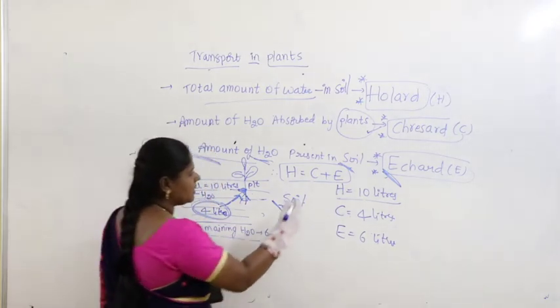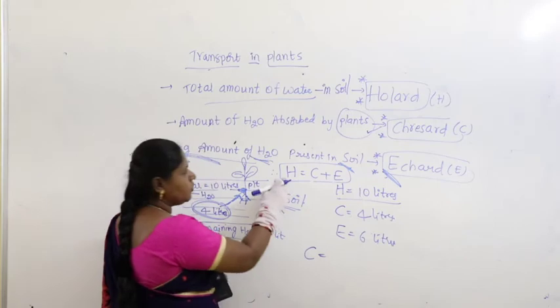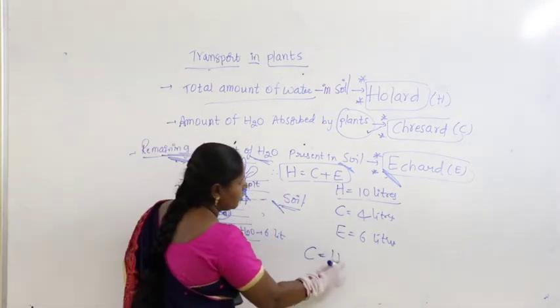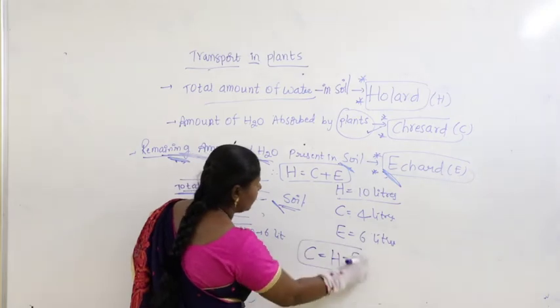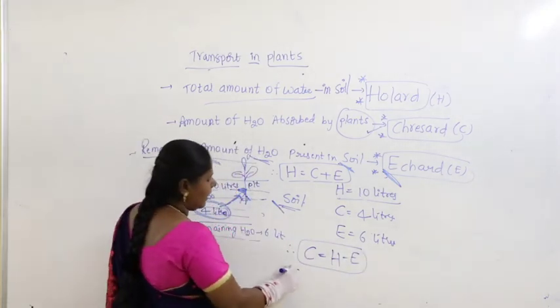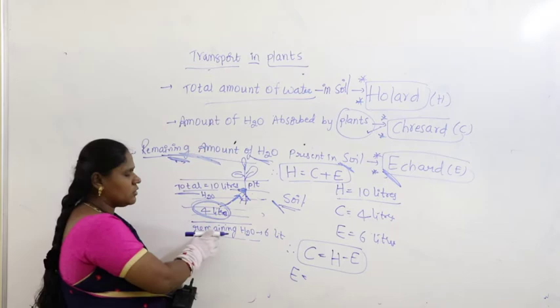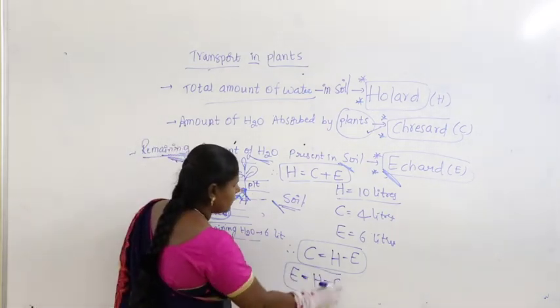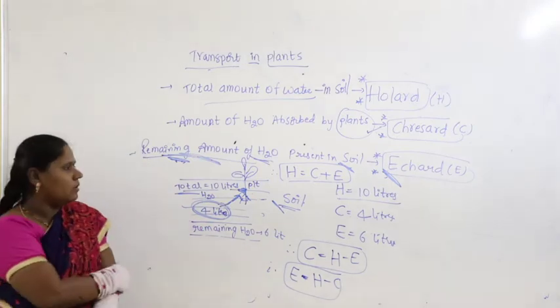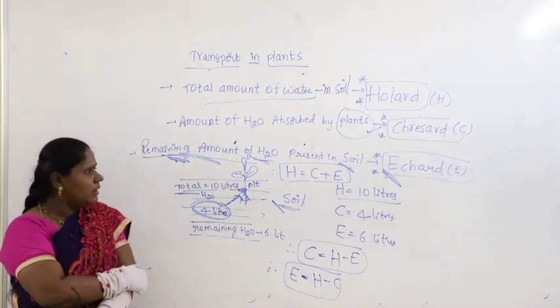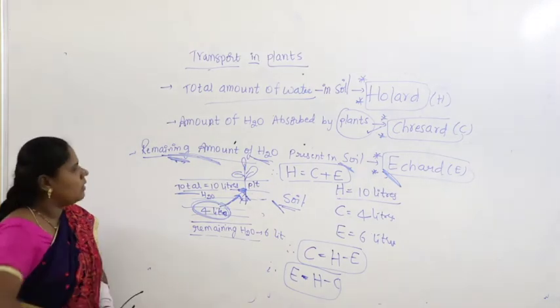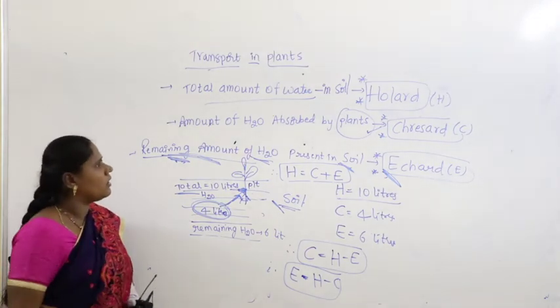If you want to know how much water is absorbed by the plants, crescent is equal to holard minus Icard. Similarly, if you want to calculate how much water is left in the soil, Icard is equal to holard minus crescent. Accordingly, you calculate the total water present in the case of groundwater.